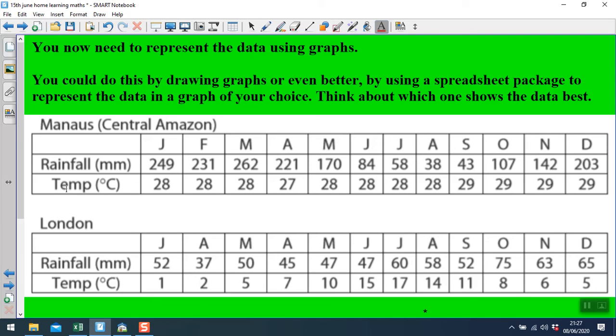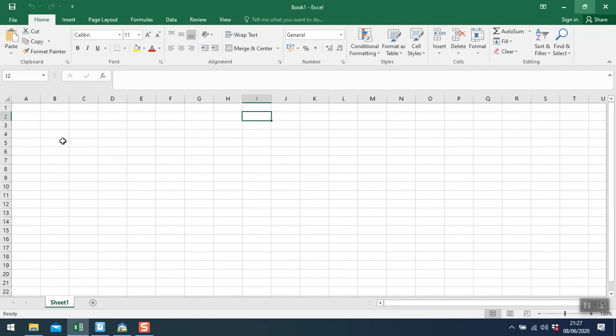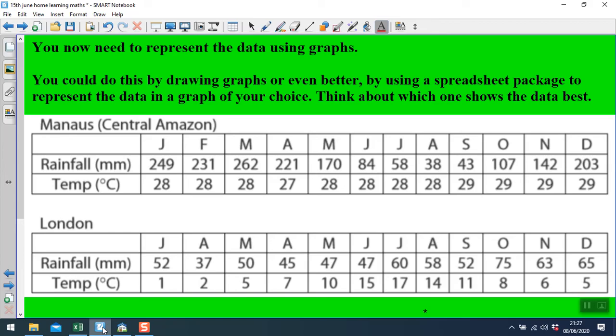So if I just look at temperature for now, I'm going to compare the temperature in Manaus and London. So I've got my Excel ready. I'm going to write Manaus and I'm going to write London underneath, and then all across the top I'm going to write January, February, March, April, May, and then I'm going to look back at my table.